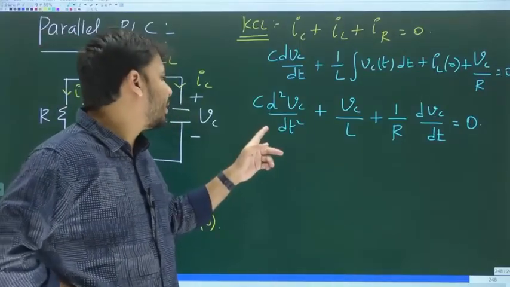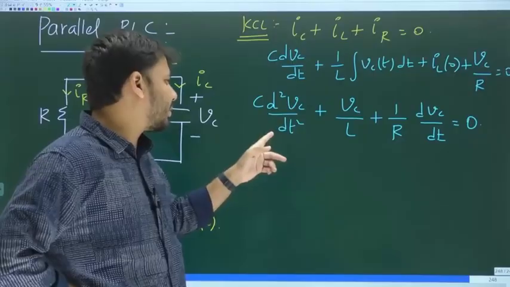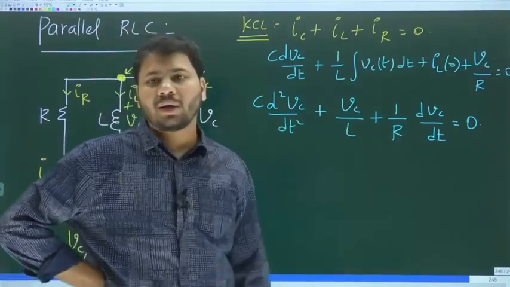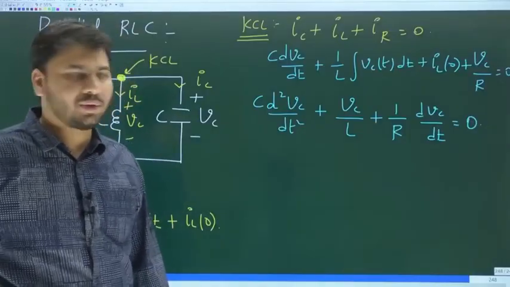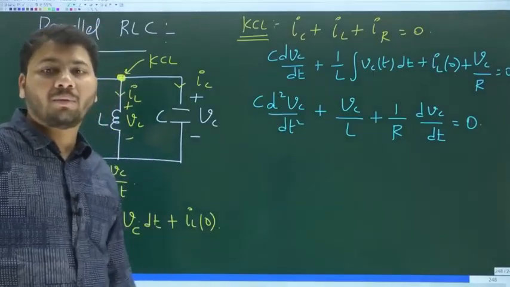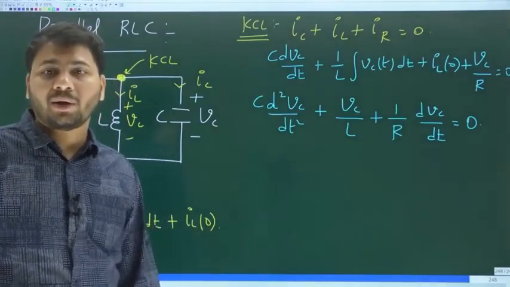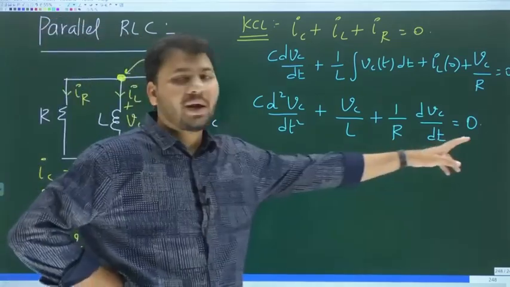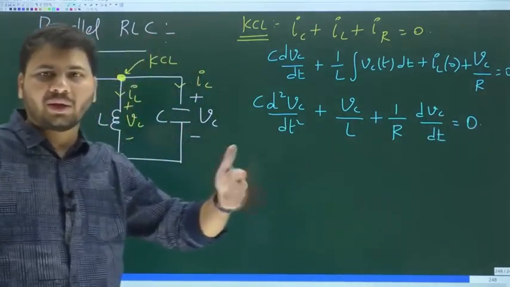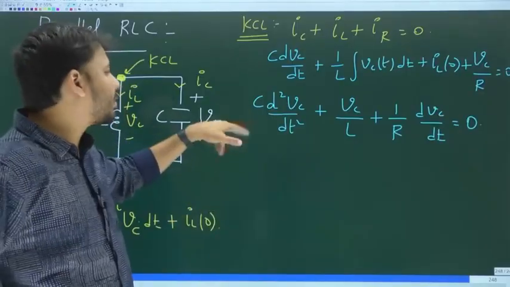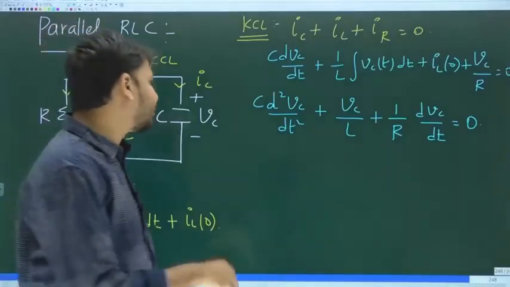C times d square Vc by dt square plus Vc by L plus 1 by R dVc by dt equal to 0. What I will do, I will multiply both sides with 1 by C. Right hand side is 0. 0 multiplied with anything is 0. But left hand side, if you multiply it with 1 by C, C and 1 by C will get cancelled.